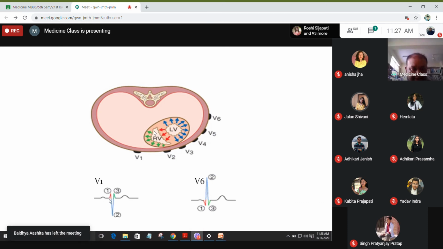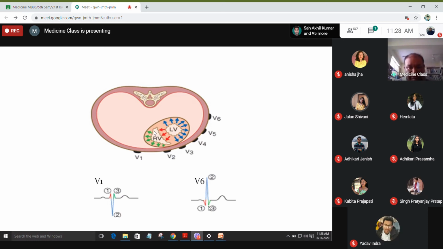Now, if you look at it here, this is the R wave, this is the S wave, and this is another R wave. Now in here it's a Q wave, this is the R wave, and this is the S wave. The R wave and S wave of V1 are both green, and the S wave of V6 is green, which is denoting the electrical activity of the right ventricle.